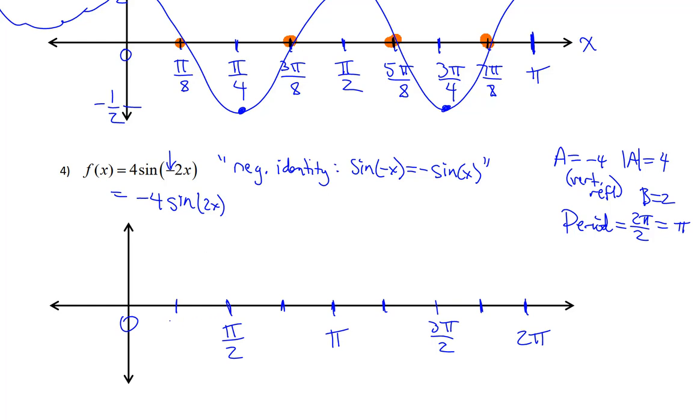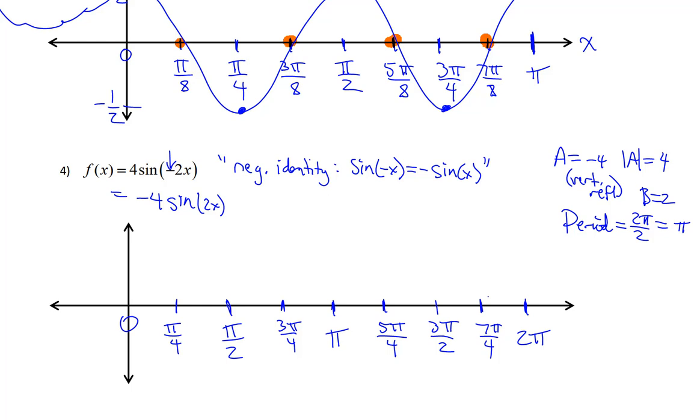So, of course, halfway between 0 and pi over 2 would be pi over 4. So we got 1/4, 2/4, 3/4, 4/4, 5/4, 6/4, and 7/4. Just counting by fourths all the way up.